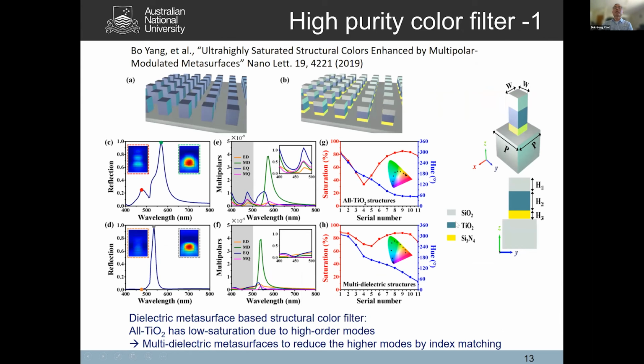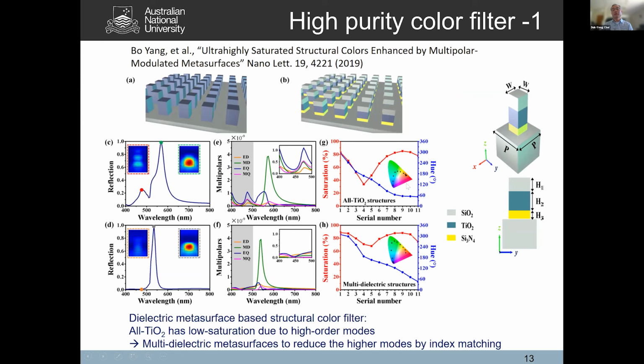So another type of few layer metasurface. Most metasurfaces use a single material. For example, a titanium dioxide nanoparticle array reflects green light, but there is also some minor peak from a high order mode.